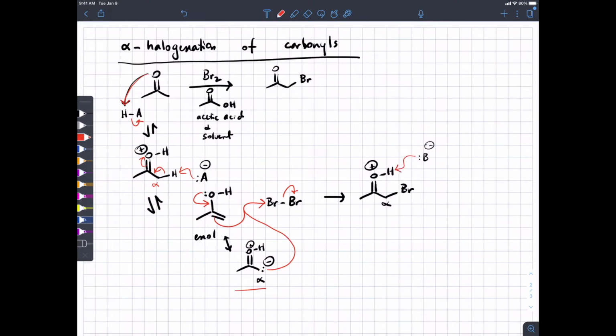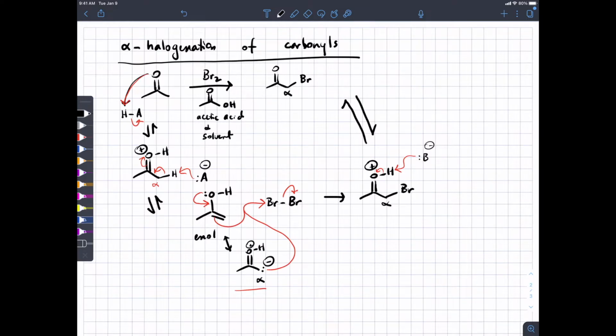I think your text shows Br minus doing that. I really don't like that because Br minus is a terrible base. But we're going to be sort of agnostic about what it is that's actually doing the deprotonation here. In the end, your product, though, is this alpha halogenated carbonyl compound.